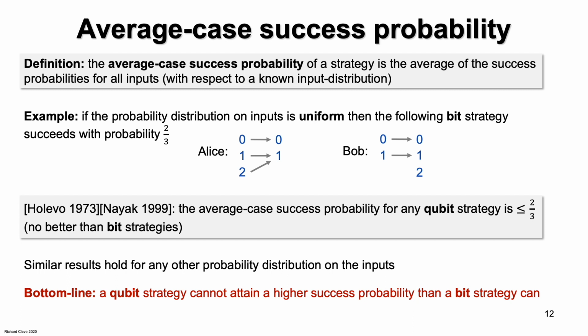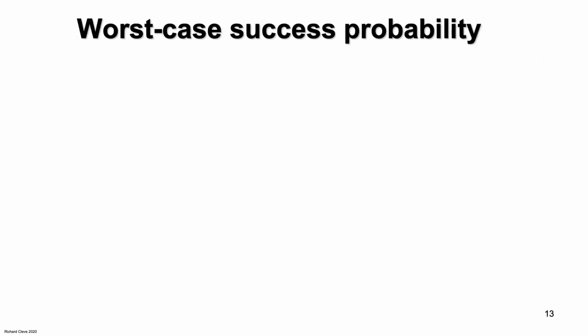This seems to settle the matter, suggesting that a qubit cannot contain any more information than a bit. But it's actually not quite as simple as that. All the discussion so far has been for average case success probability. What about worst case success probability?